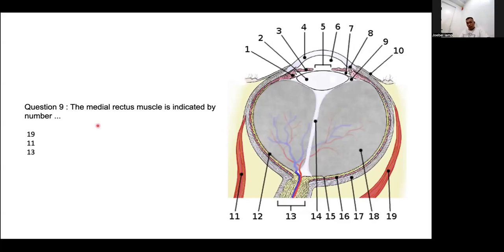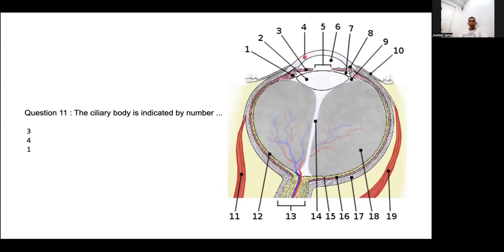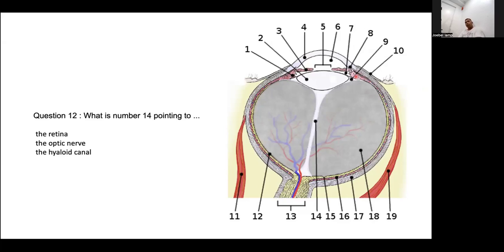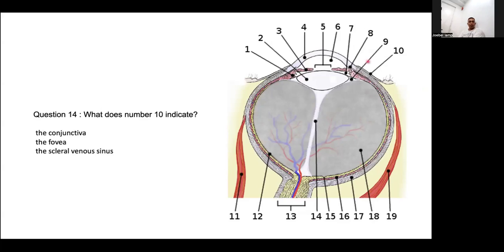Medial rectus is? Number 11. Number 4. The cornea. Ciliary body. 1. Ito, this holds the lens, no? Ina-anchor niya. What is number 14? The hyaloid canal. Okay, fovea. What number? 15. Number 10 is conjunctiva.